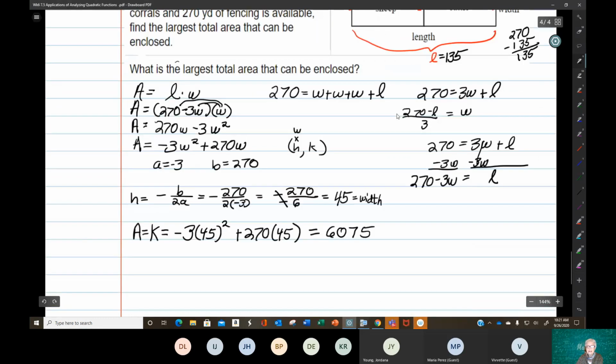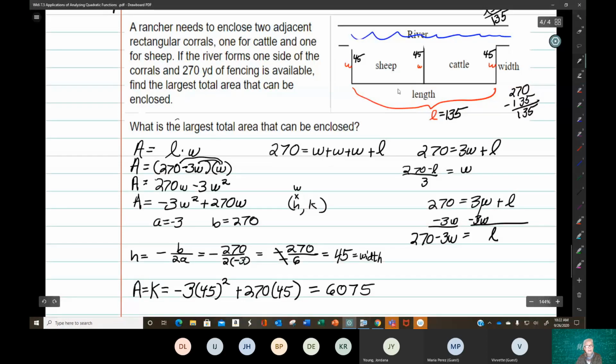When it comes to these kinds of problems, you kind of have a choice about how to find your maximum area. Because if you decide the width is going to be something, the length is automatically forced to be something, and the other way around.